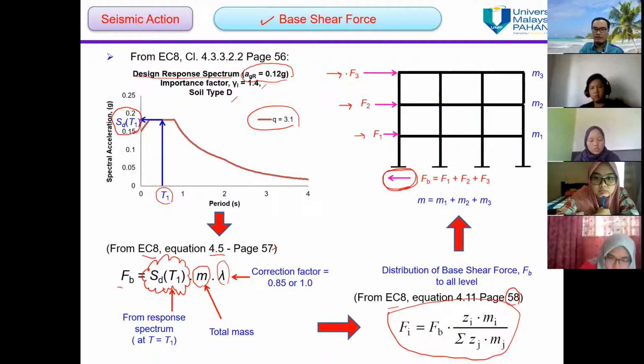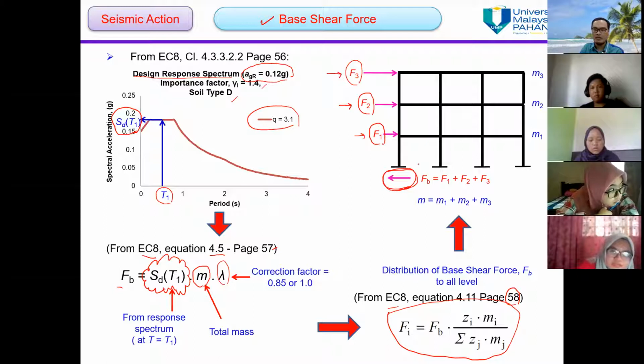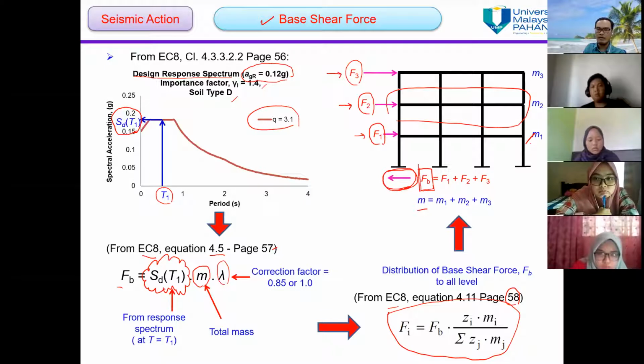So if you have a 3-story building, you will have force at story number 1, force at story number 2, and force at story number 3, which will become the total force or base shear force. And the total mass is the mass from story number 1, the mass from story number 2, and the mass from story number 3.